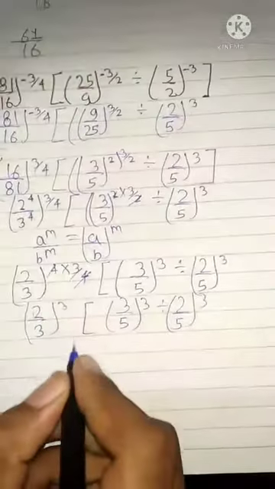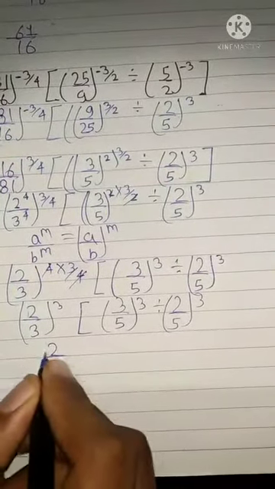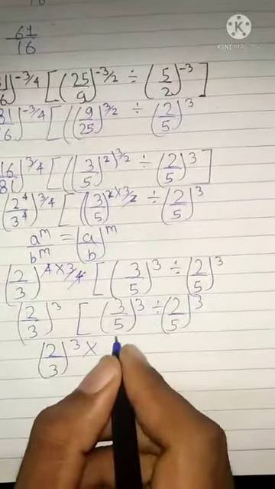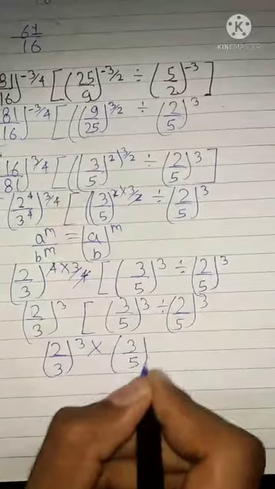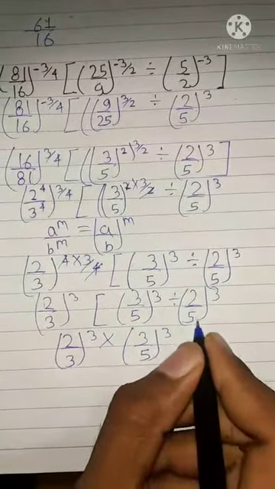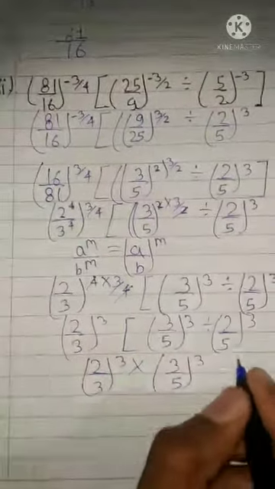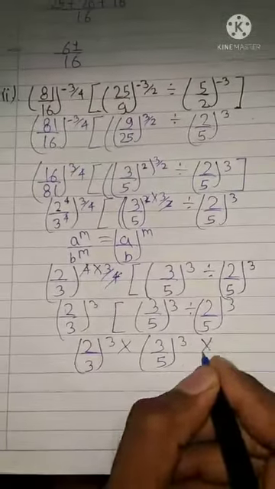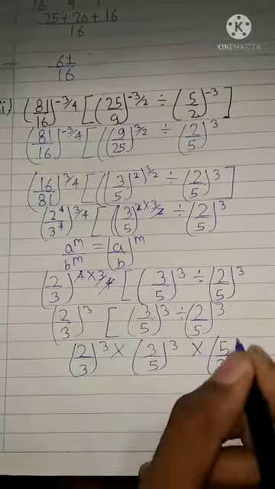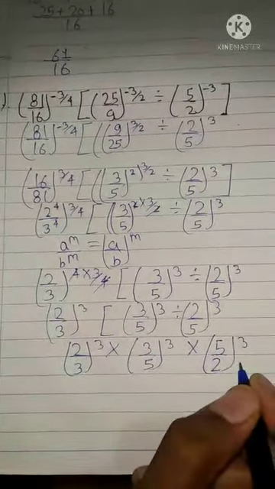Here the bracket is multiplication. When you open the bracket it becomes 3 upon 5 to the power 3 divided by; when you change the divide symbol it becomes multiply and you take the reciprocal, then it becomes (5 upon 2) whole cube.